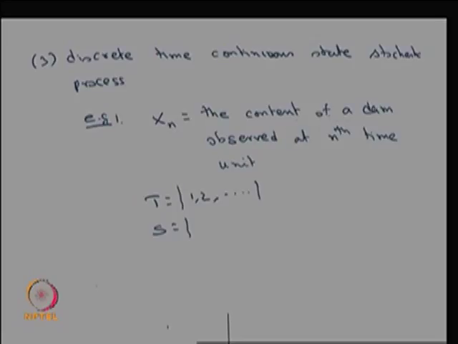Therefore, the water content of a dam is a real quantity, that is some x, where x is always greater than or equal to 0. So the parameter space is discrete, whereas the state space is continuous. Therefore, this stochastic process X suffix n for n equal to 1, 2, 3 and so on forms a discrete time continuous state stochastic process.